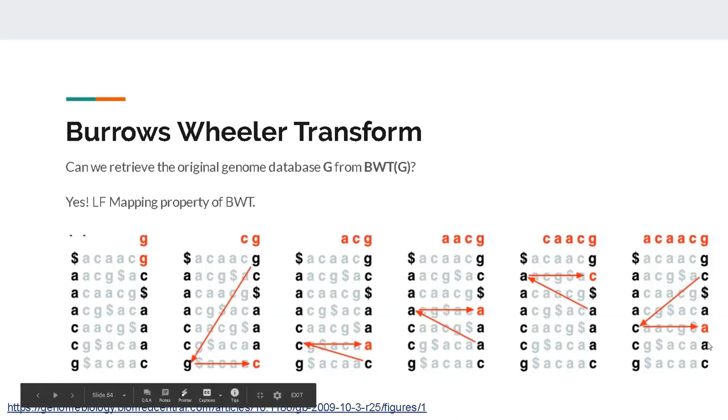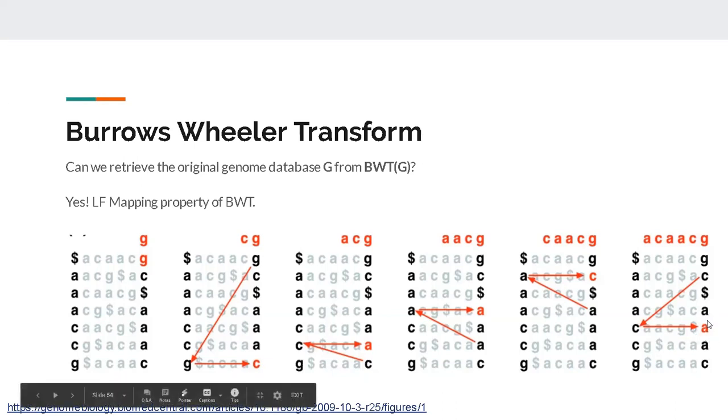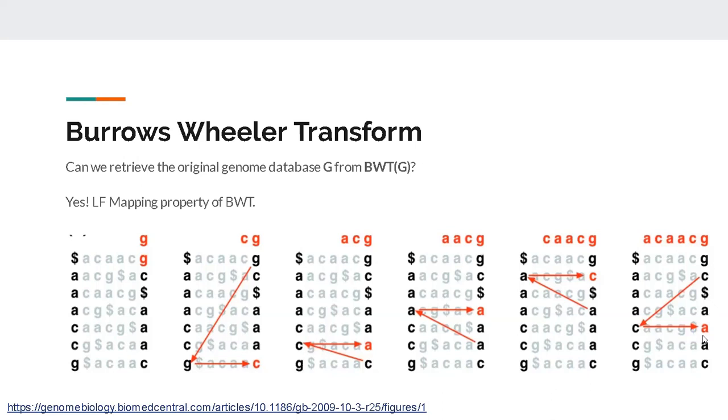I'll give you a hint. It is the same reason why we started with the G. It has a dollar beside it. Yes. Because there's a dollar and it's a circular permutation, you would know that you have to end it over here. Does everybody get how you moved back from a Burrows-Wheeler transform to the original string?